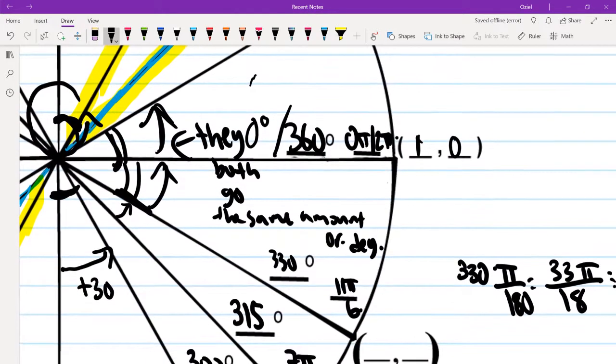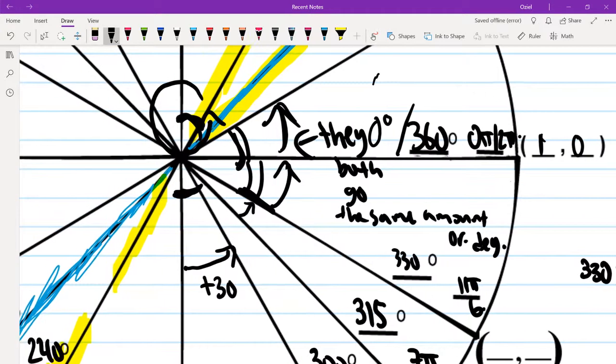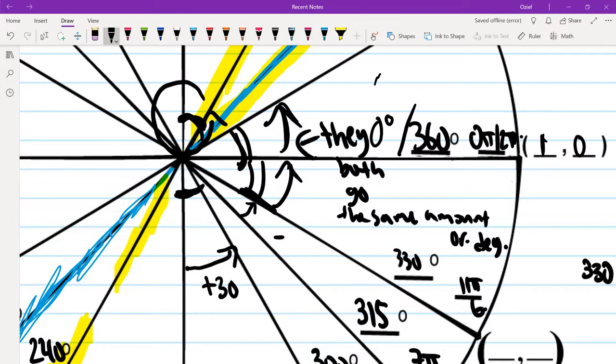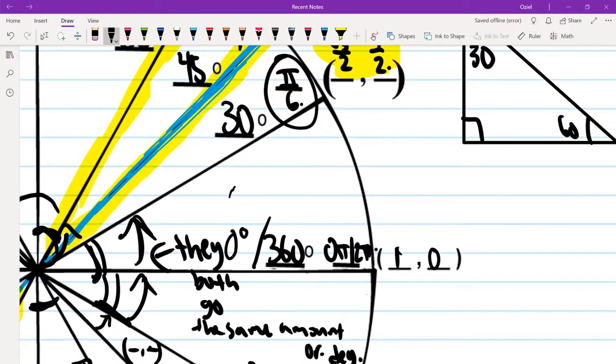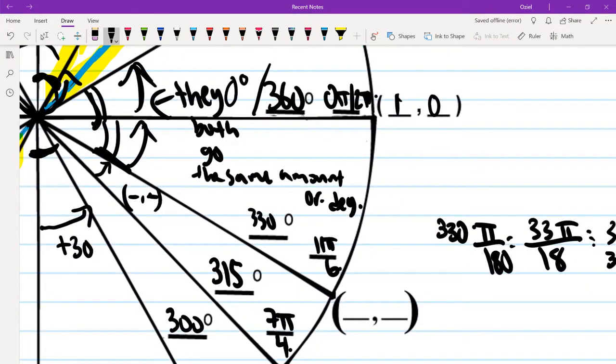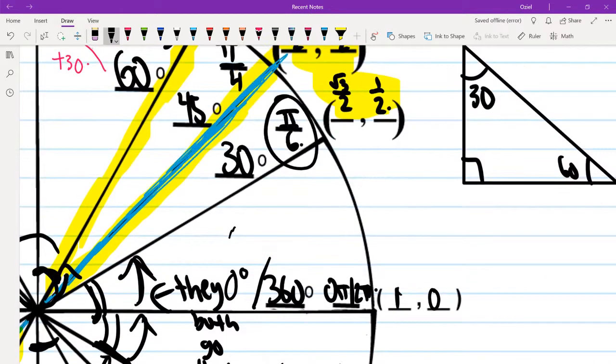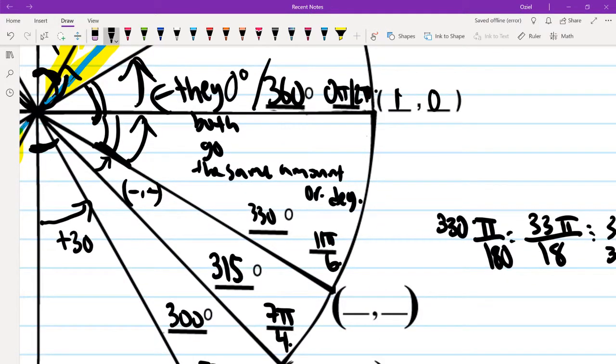It's just a different side, this side would be negative, comma, negative, and so this one would be negative the square root of 3 over 2, negative 1/2.